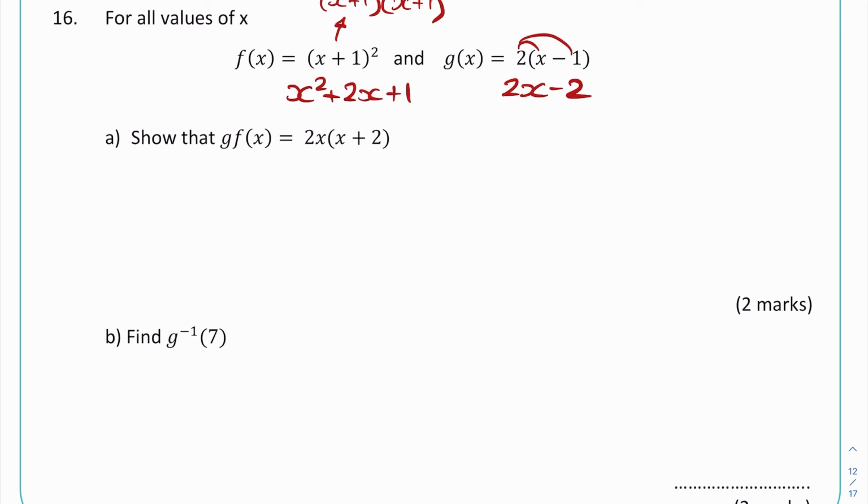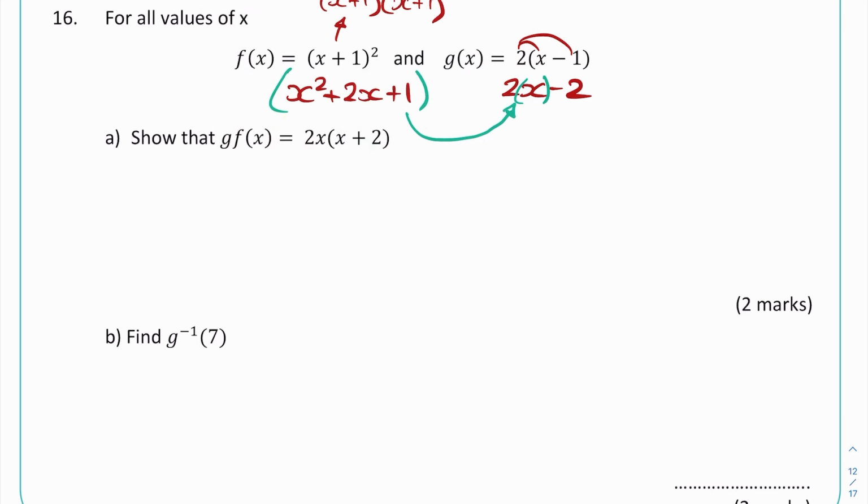It says show that gf of x is 2x brackets x plus 2. So again, they factorise that as well. I'm not going to expand that because they want us to show the factorised form. So gf of x means it wants me to put the function f into the function g. So I just put a bracket around the function f, a bracket around the x where it's going, and I put all of that into that bracket there.